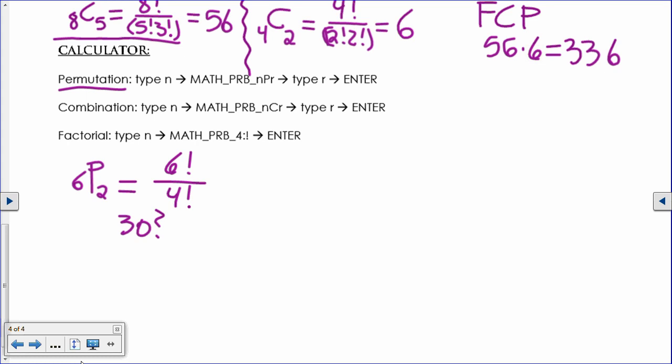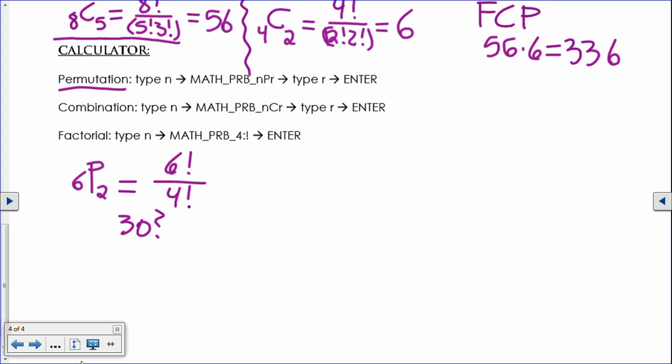So that's why using the calculator is a little bit faster than having to do 6 factorial, divide, remember parentheses and all that stuff. You can just do it in your calculator. However, I do require you to write down the notation and the formula. But you can do the calculator trick to find the answer.